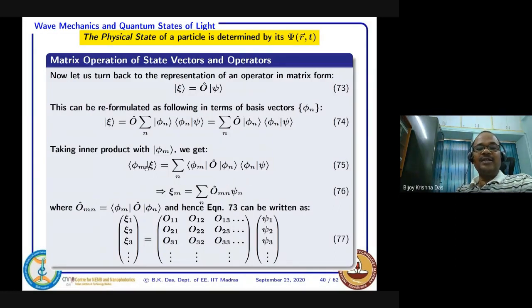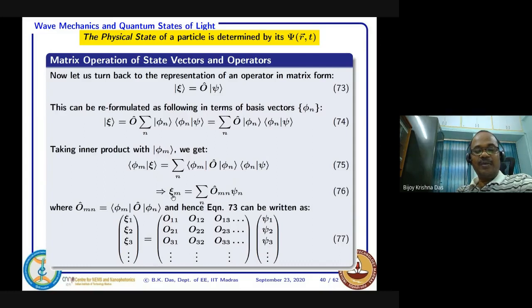Now what is the left hand side? You got a new xi ket vector because of the operation of O on psi. Now you take the phi m inner product and concentrate on the left hand side. It means you are trying to get the projection along phi m, that is, the component of xi along phi m.